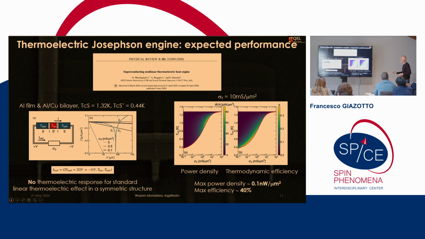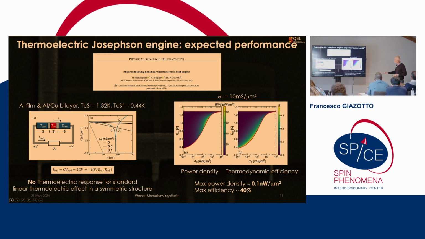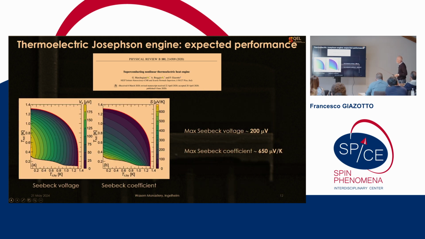This means that for larger junctions you can easily reach up to 100 nanowatt. So this is something that can really produce a large amount of power in a superconducting circuit, with a maximum efficiency of the order of 40% of the Carnot cycle. So it's pretty high as well. It's a very efficient thermoelectric machine.